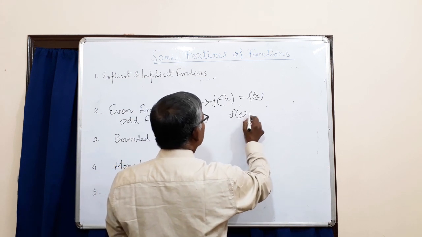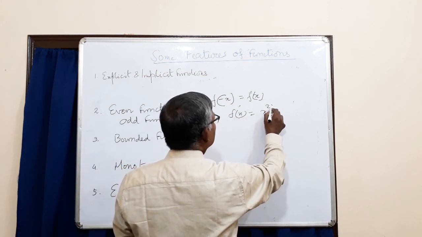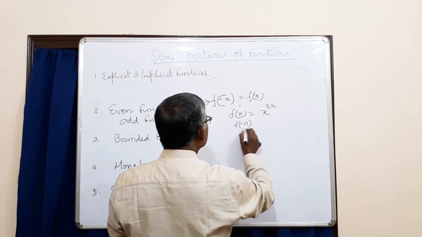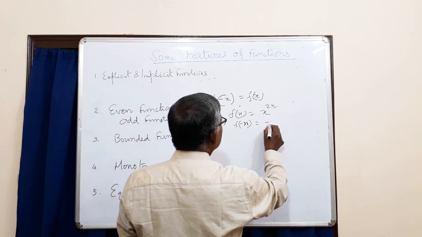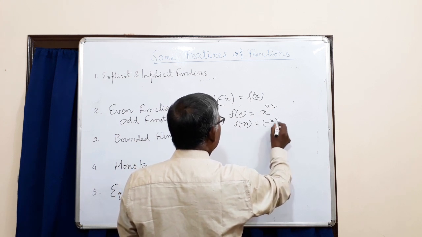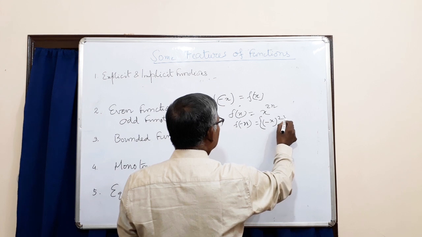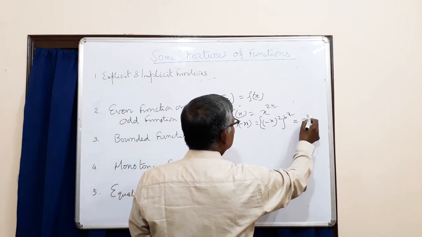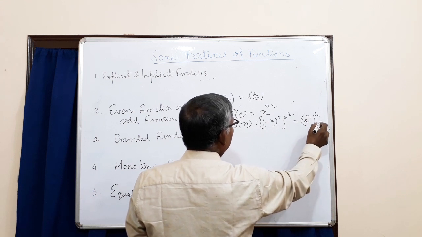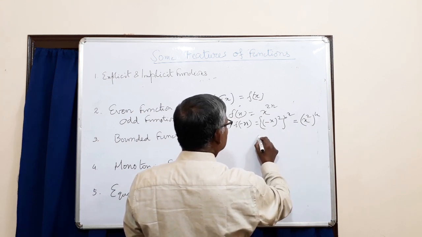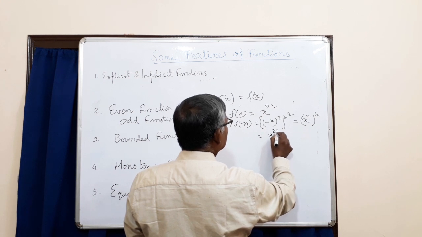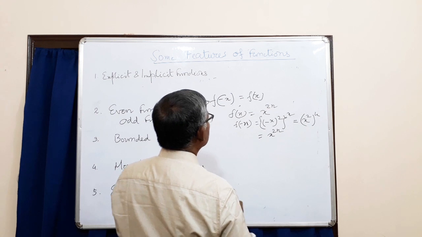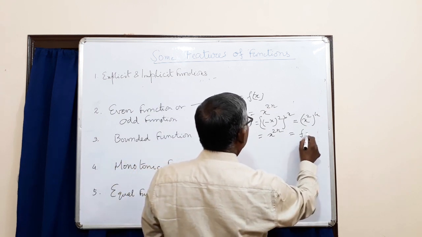Or of this type, f of x equals x to the power 2n. So whenever you write f of minus x, you can write minus x whole to the power 2, whole to the power n, equals x square whole to the power n, equals x to the power 2n, equals f of x.